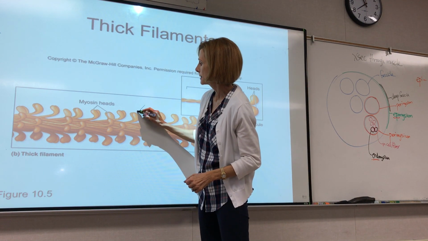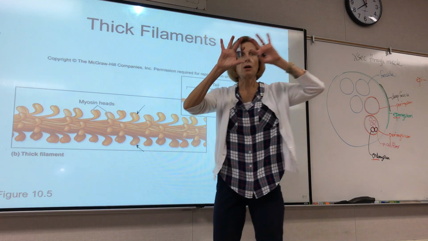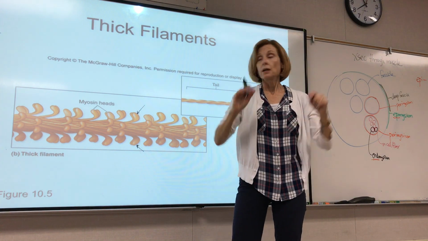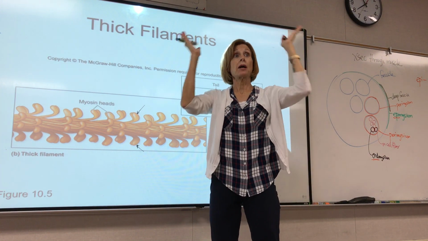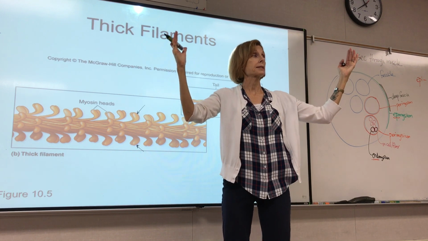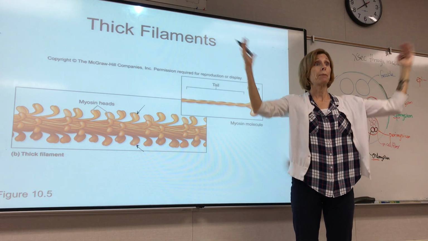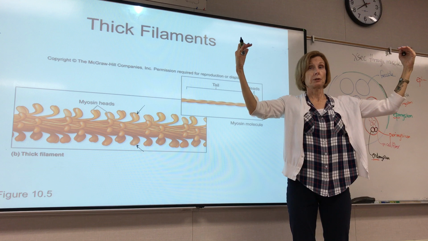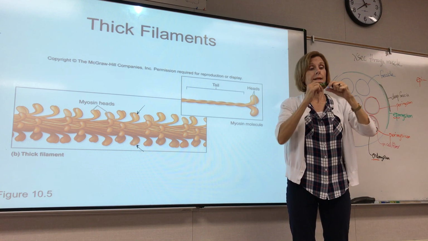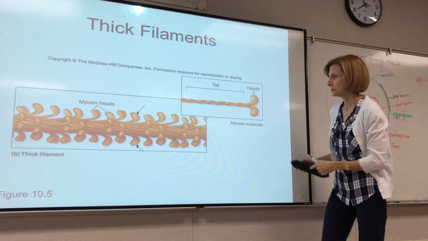Notice that the heads kind of stick out all around it, okay? These are going to kind of stick out facing the thin filaments so that the heads can bind to the thin filament, and that will cause that sliding process, okay?